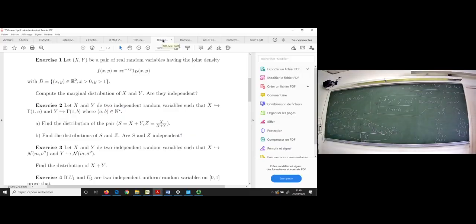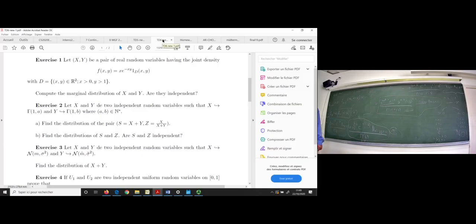So, what do you recognize? When I see this, you have the beginning of a gamma distribution for the first component, S. And I will show that it will be this one that I have to find.